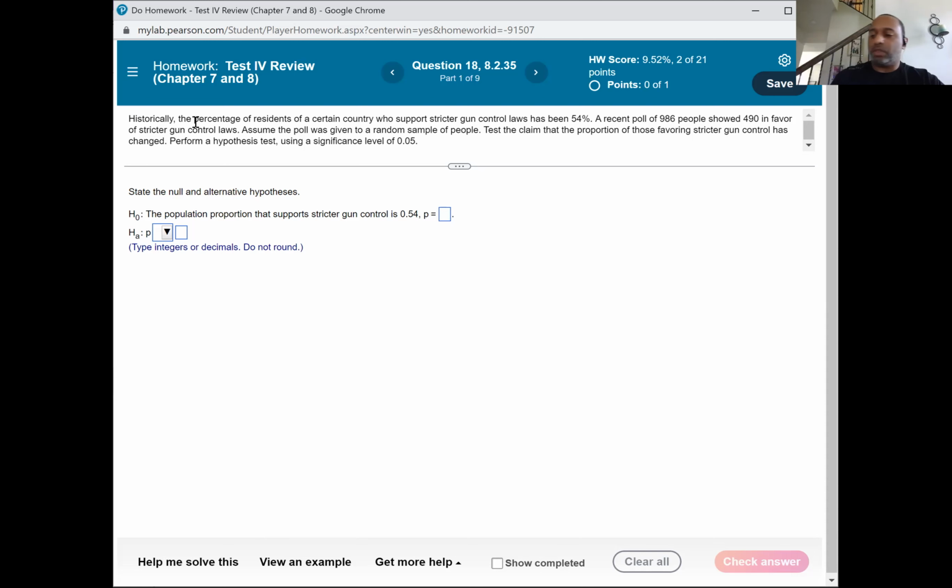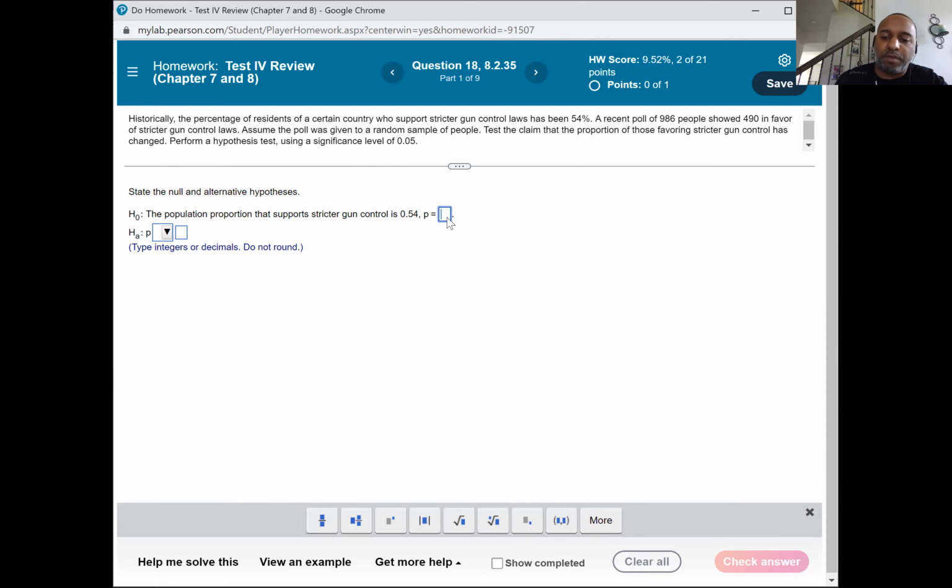All right. So I'm going to take a picture, and I have to keep flipping back and forth. All right. So first, it says the population proportion that supports stricter gun control is 0.54. So this should be 0.54. And then we want to test the claim that the proportion of those favoring stricter gun control has changed.